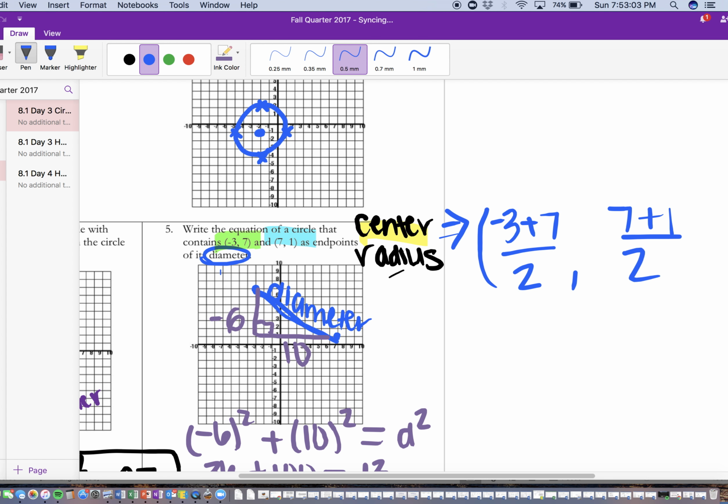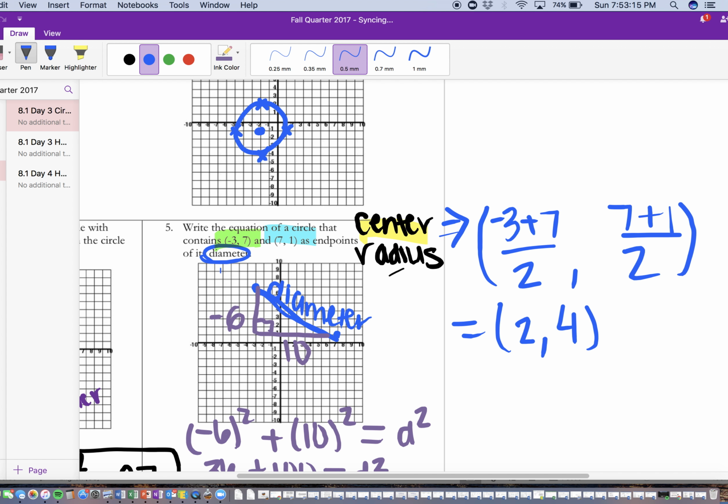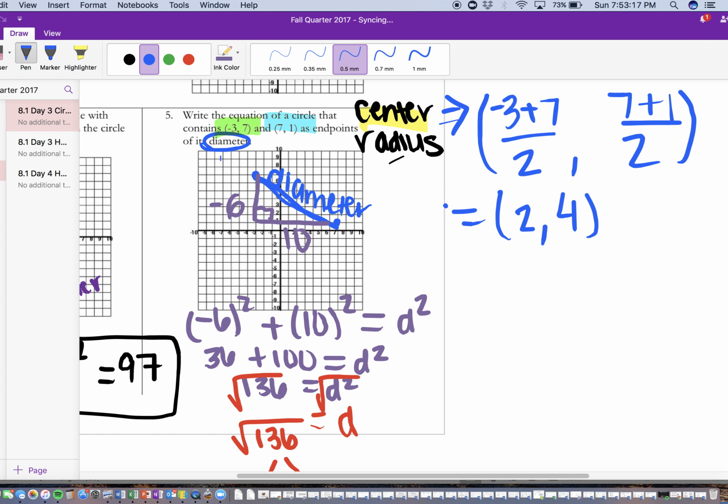Simplifying, this should give me 4 divided by 2, which is 2, and 8 divided by 2, which is 4. So my center is 2, 4, and my radius is the square root of 34.